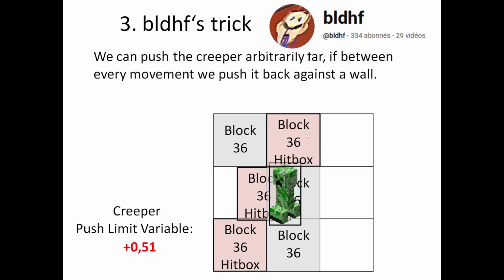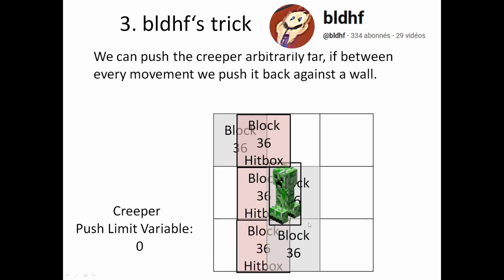However, if we now use a different block 36 which moves to the left, and which intersects the creeper, then the push limit variable will get reset to 0. Usually the creeper would get moved to the left again, but if there's also a wall here, then the creeper would not get moved, but the push limit variable would still get reset to 0, and then we would be able to push the creeper again in the same game tick. And that is the trick which BLDHF found.